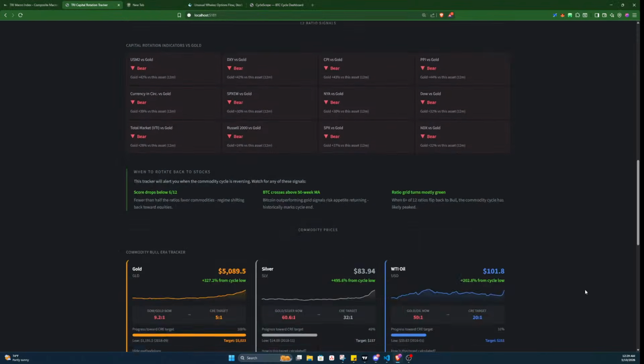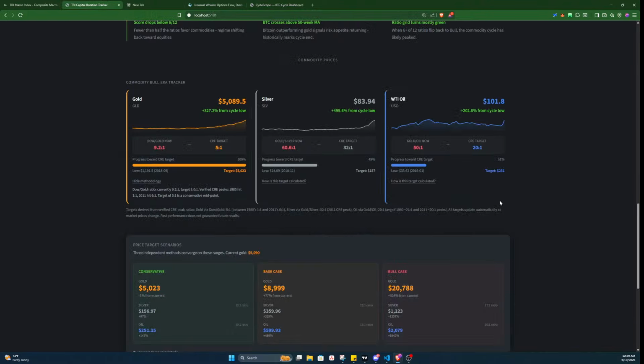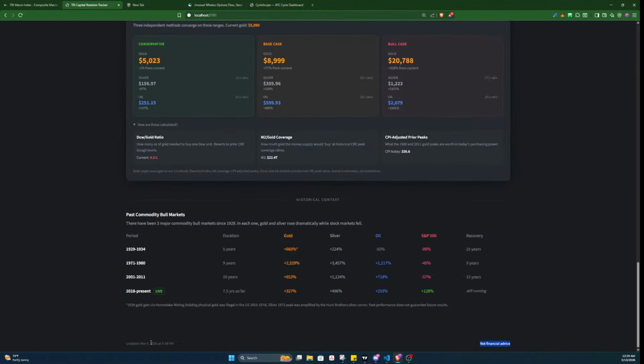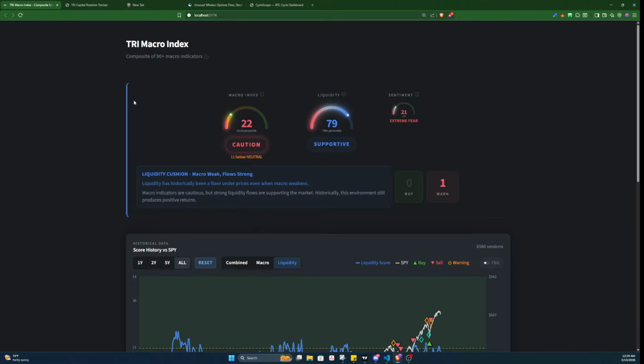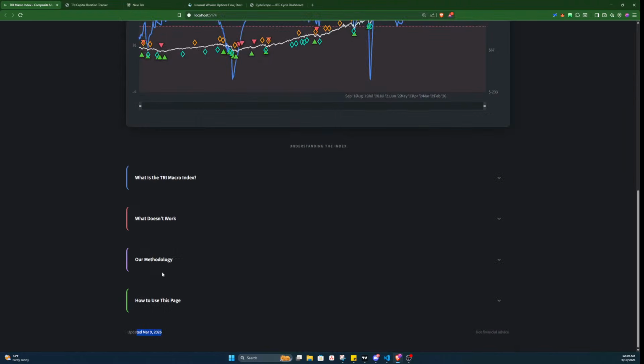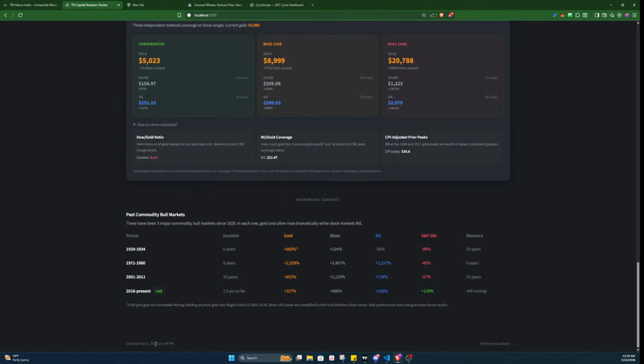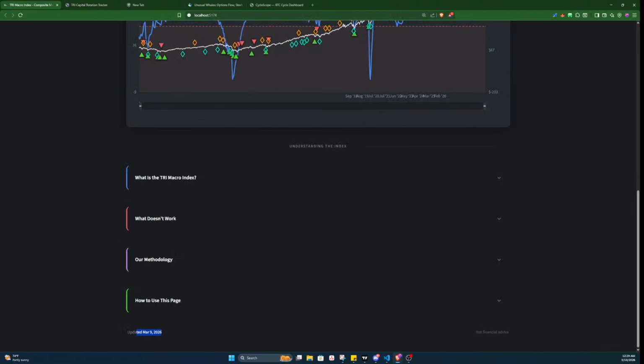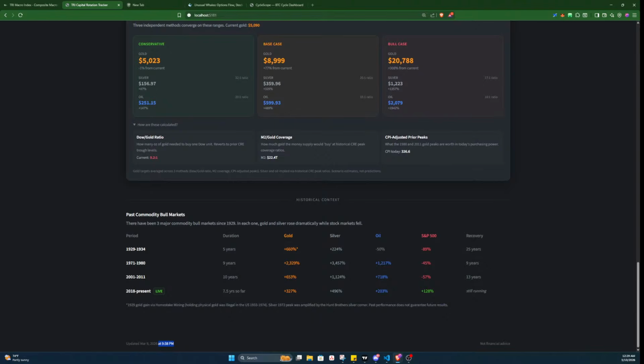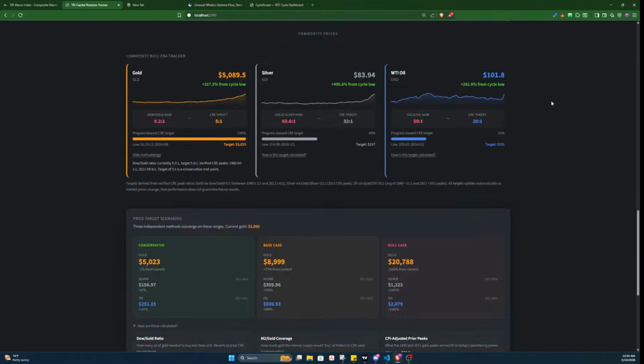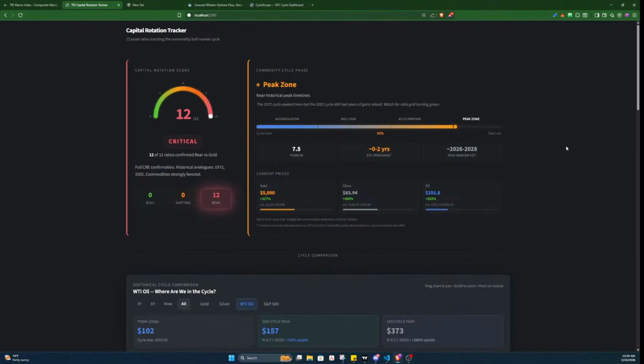This page doesn't have it yet, but all the pages have a not financial advice notice. I put an updated stamp here, but maybe I have to fix this to show the time. I'll make a page for the scanners, so you have all that. So this is the new modernized TRI.